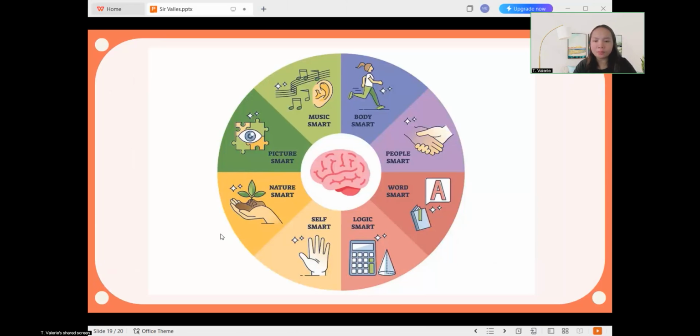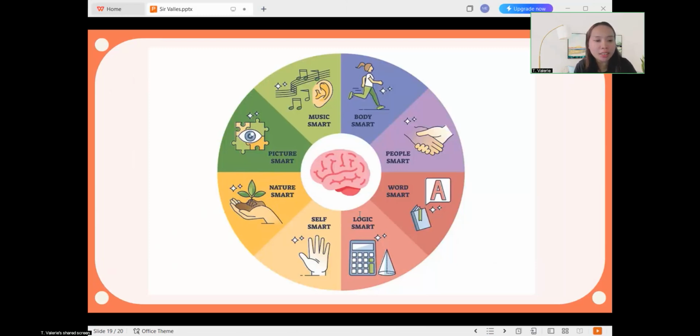Okay, and of course we have the last one, naturalist. So again, in musical intelligence, students are considered aware of the sounds. Now, let's have the naturalist intelligence.